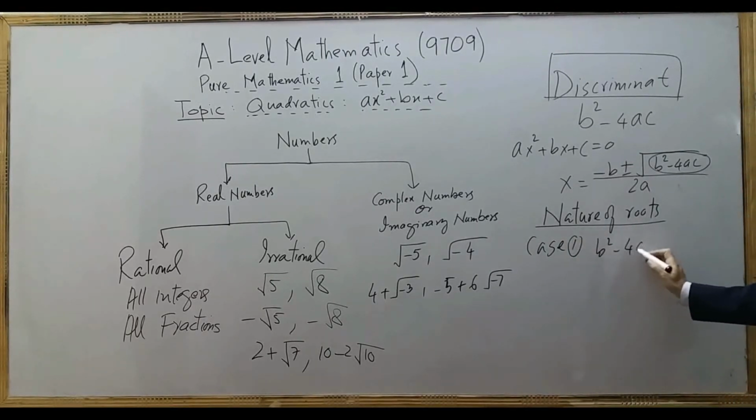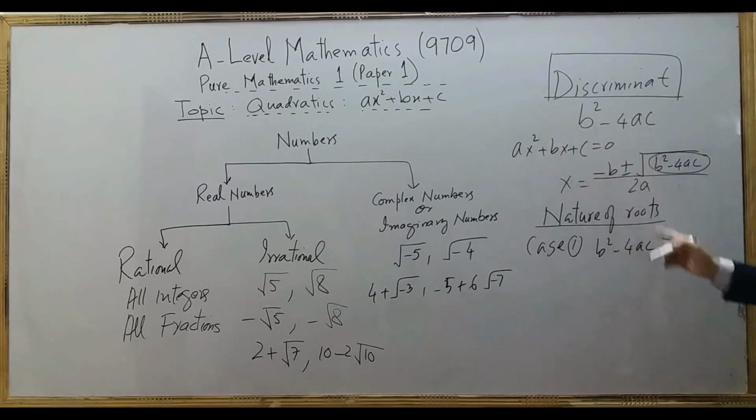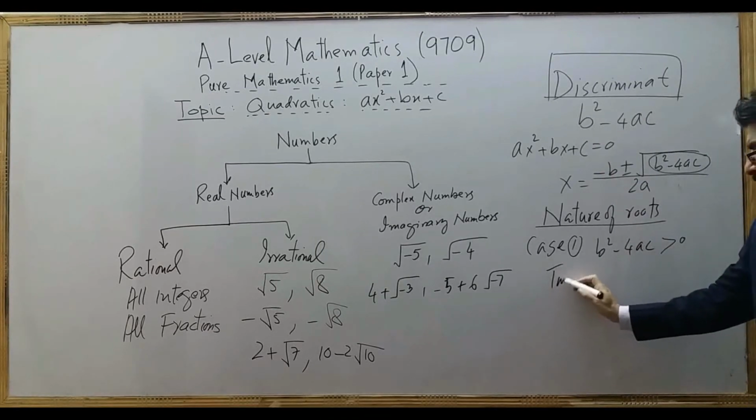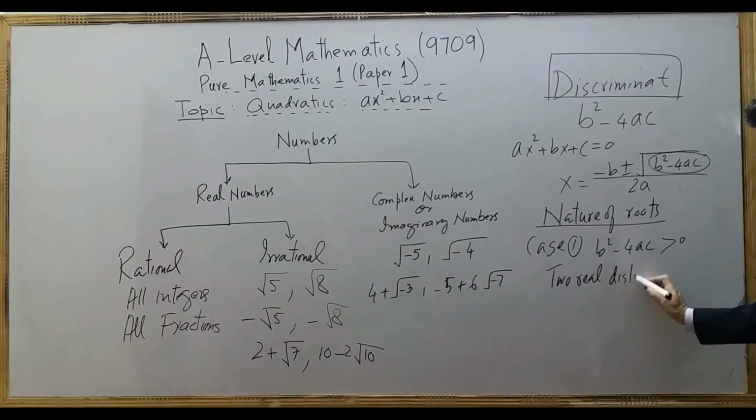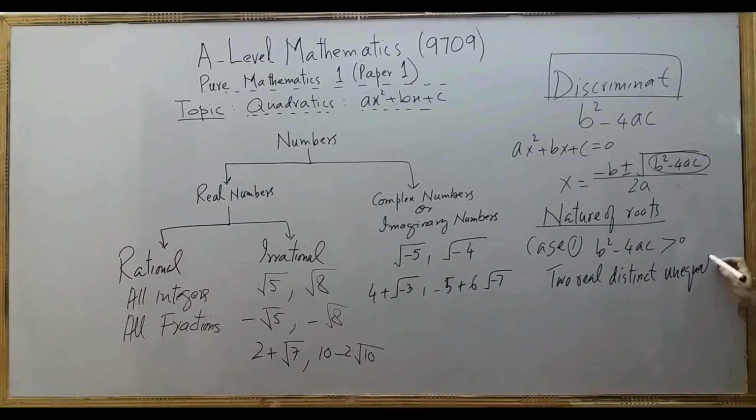Case 1, if this value is greater than 0, then your quadratic equation will have two real, distinct, different or unequal roots or values of x.